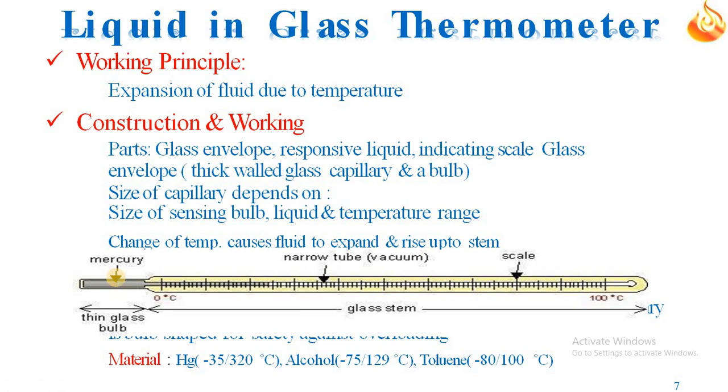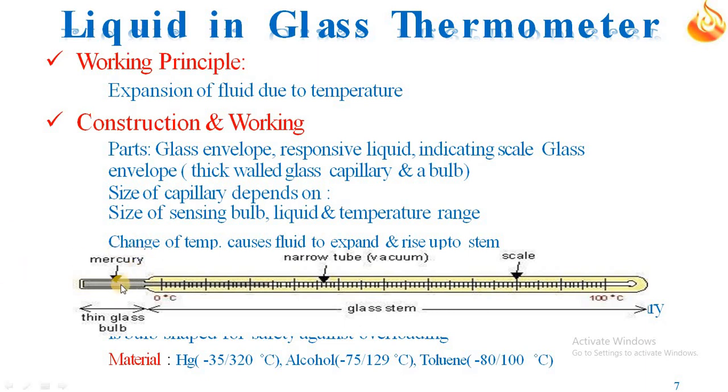So if the environment has higher temperature, then the heat of that atmosphere will be absorbed by this fluid, which is usually mercury or alcohol. So this temperature sensitive fluid will absorb the heat of that environment, and based on that temperature the fluid will start to expand.